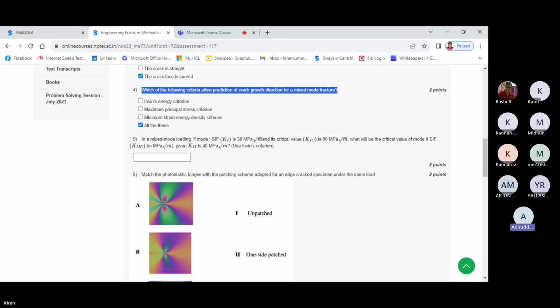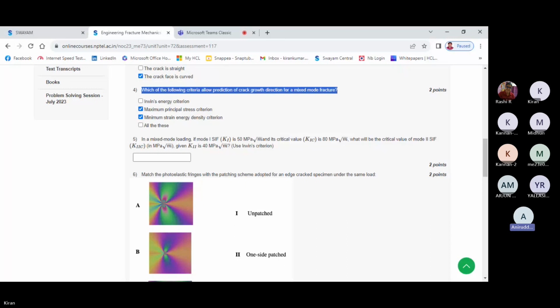But it will not tell anything about the crack growth direction, right? With the maximum principal stress criterion, we have a formula for calculating theta, that angle. Correct.